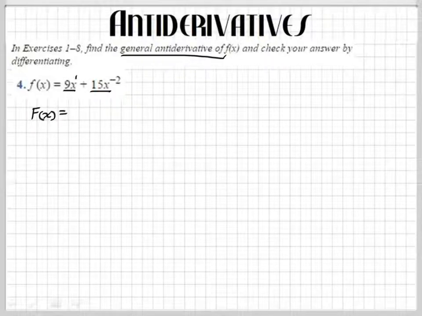So do the antiderivative of that one. That one has a power of 1 for the x, and so you would add 1 to it, and then you're going to divide it by whatever you get. So this would be 9x to the second power divided by 2, plus our next one, we add 1 to the negative 2, and then we divide it by whatever you get after you add, so it would be negative 2 plus 1, which we know is going to be 1.